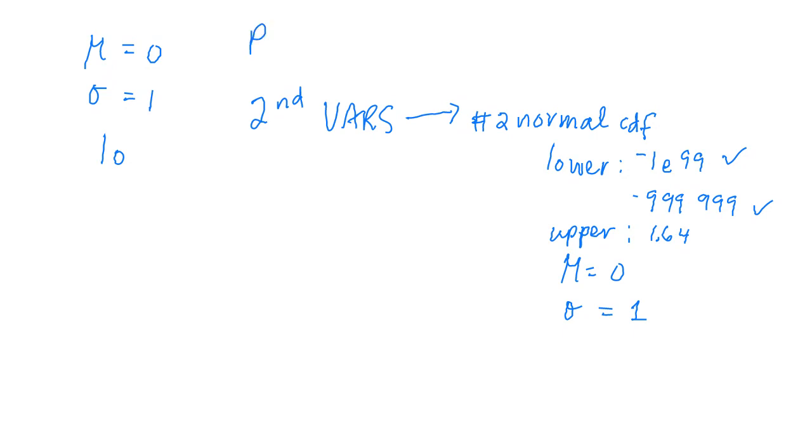Here, this is the probability of z less than 1.64, and I ended up having 0.9495.